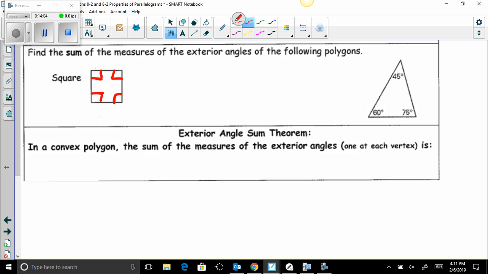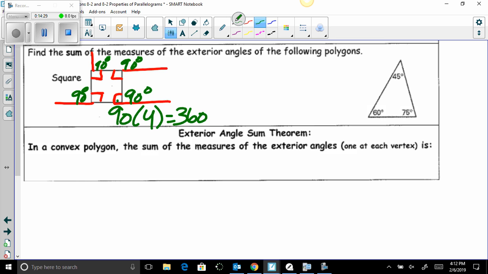So if I want to find my exterior, extend your line here, here, here, and here. If I know that this is 90 degrees, how can I find this one? Well, they're a linear pair, so each one has to be 90 degrees. So each exterior is 90 degrees if there's 4 of them. 90 times 4 equals 360.